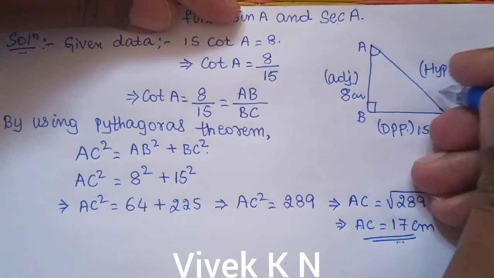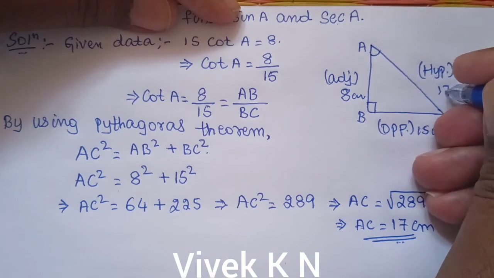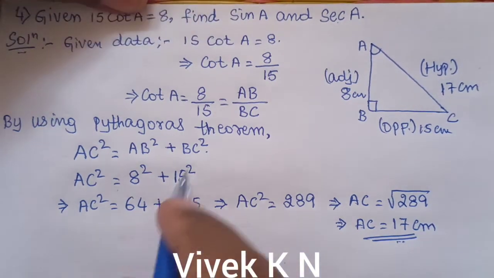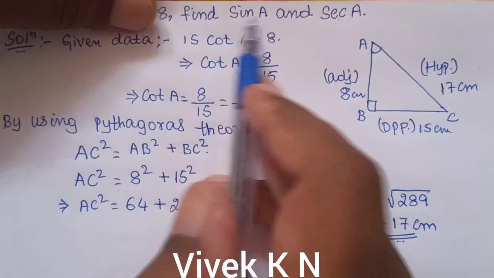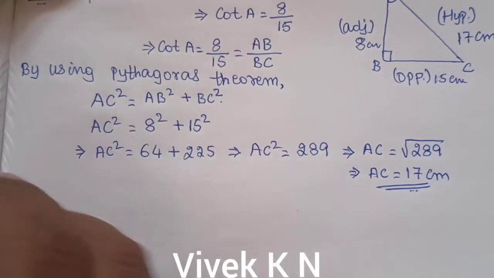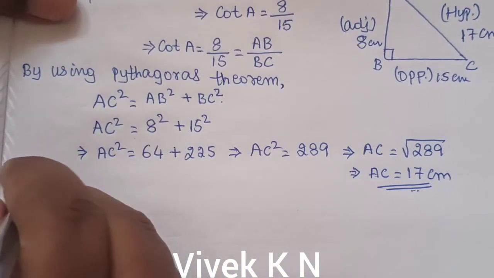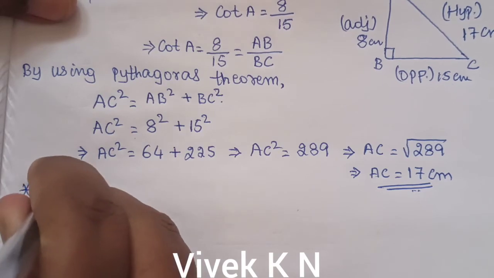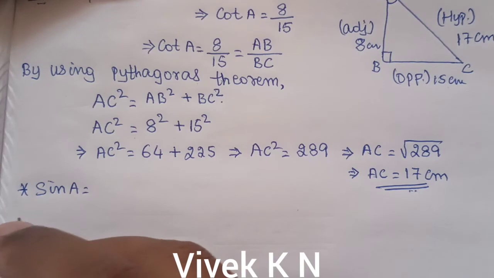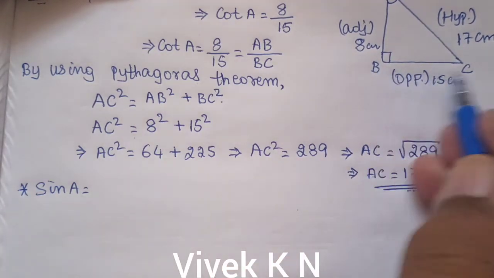So the hypotenuse side is 17 centimeter. Now we have to find out the value of sin A and secant A. The definition of sin A is opposite by hypotenuse. Opposite is BC.